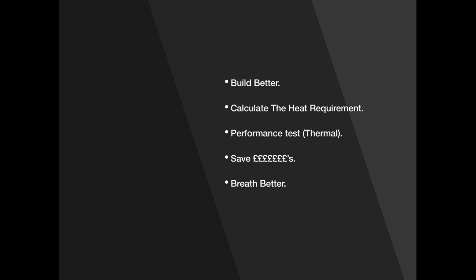Now, MVHR with decent filtration in, I think they're called F3 and G4 filters, if you have these installed into your property, which are not a lot of money, they can save a fortune in running costs, and they will completely change the air change rates as well. Our software does calculate that. But it's been proven that sufferers of asthma, etc., do improve massively with having that air quality maintained.